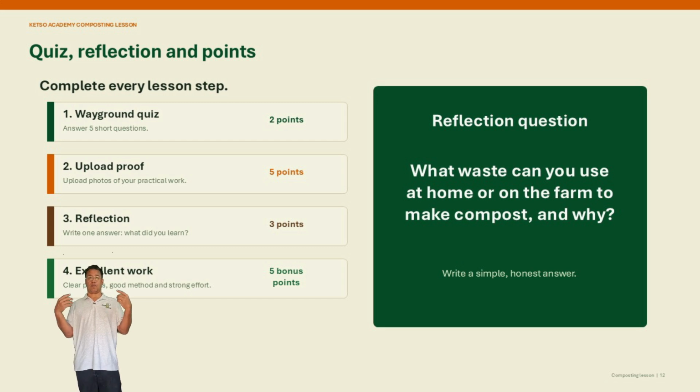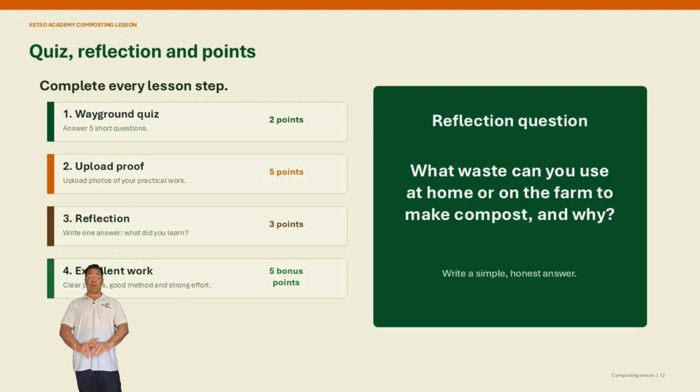The reflection question is: whose waste can you use, in your house or in the garden or on the farm, to make compost? You can earn 3 points for that.